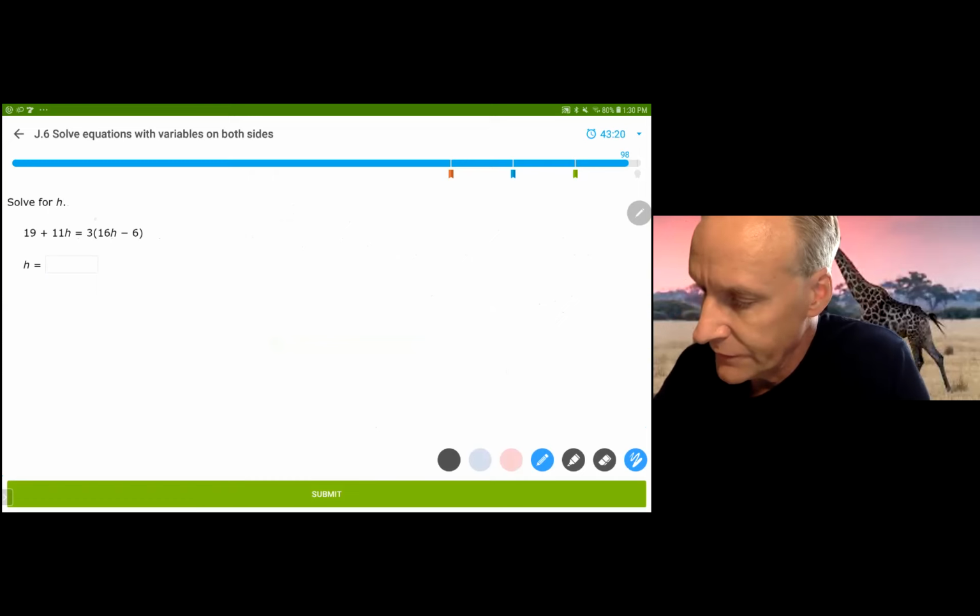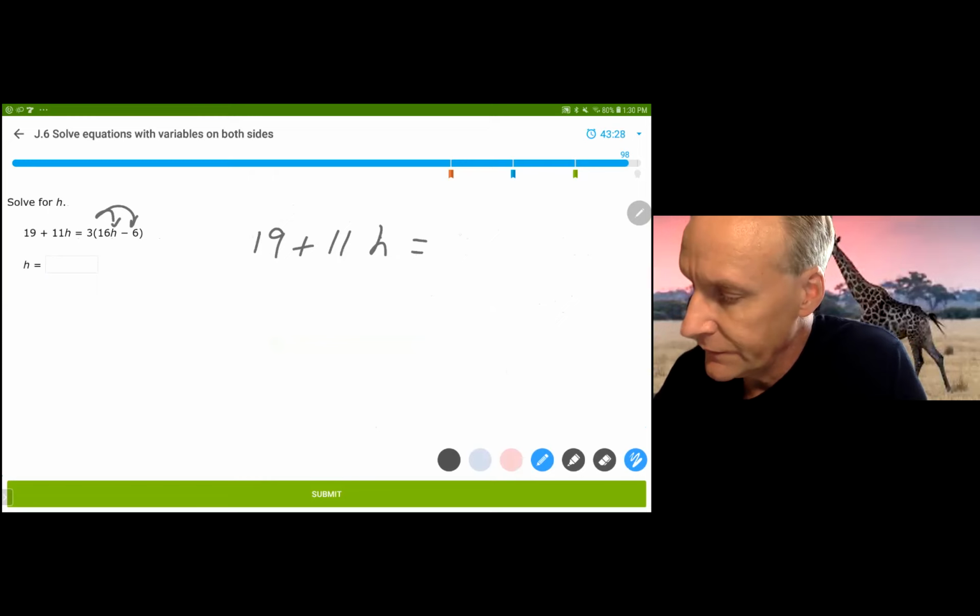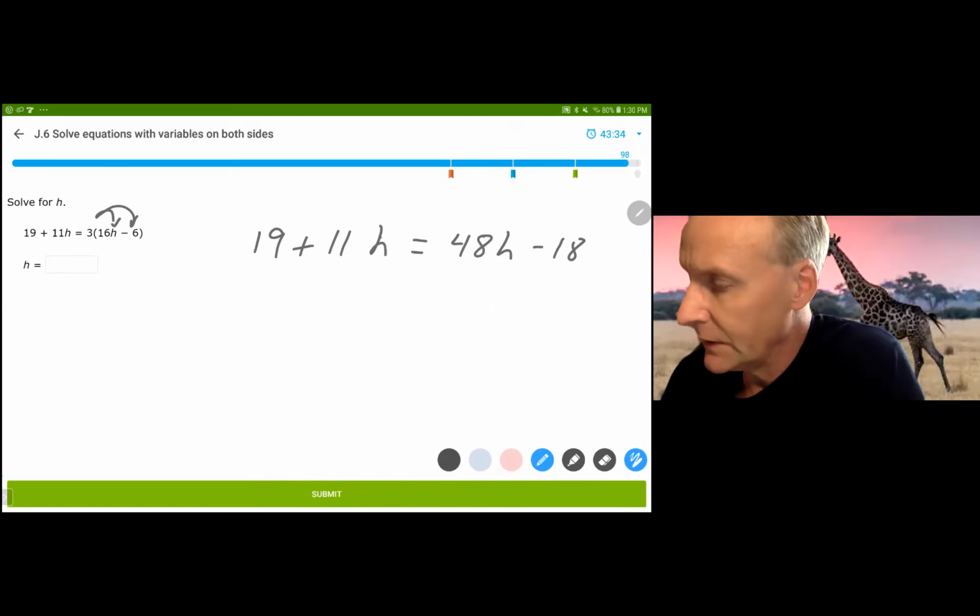I'm going to distribute the 3 to both parts. We're almost done. I have 19 plus 11h equals 3 times 16 is 48h minus 18. And again, we're almost done. I could subtract the 11h and add the 18. So I'm going to add the 18 to 19 and get 37.